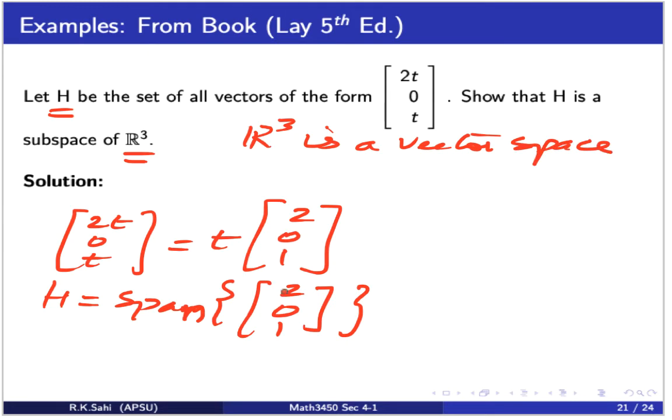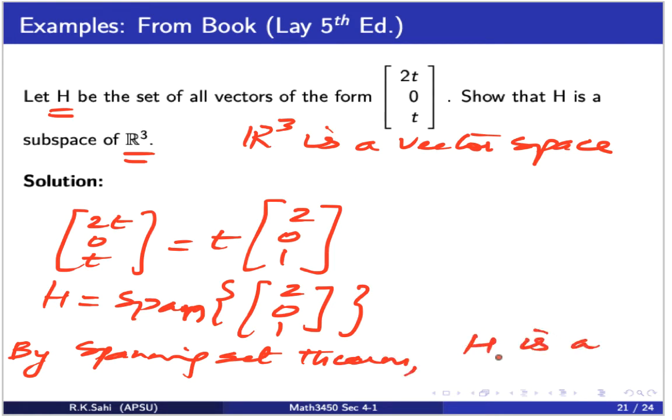And clearly (2, 0, 1) is an element of R3. And what did we just say? That this set, which is of this form (2t, 0, t), is nothing but the span of all possible combinations of (2, 0, 1). And then by the spanning set theorem, which we just learned, H is a subspace of R3.